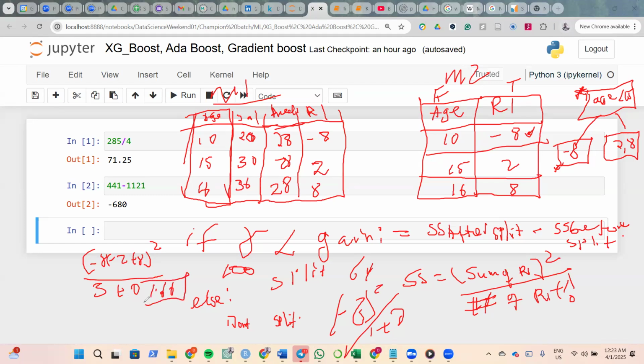So that is going to be my similarity score before split. So my similarity score before split is 1.66, and my similarity score after split is 64. So 64 minus 1.66 should give me something like 62.4, something like that.